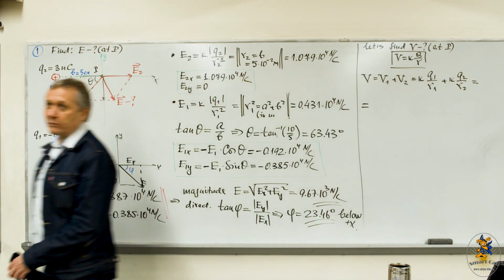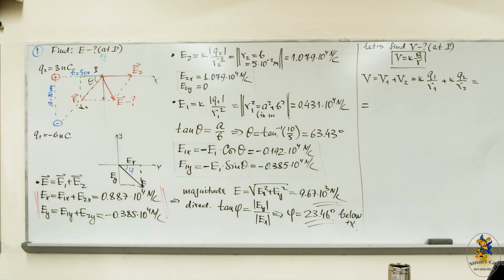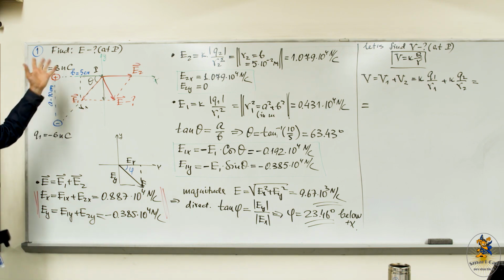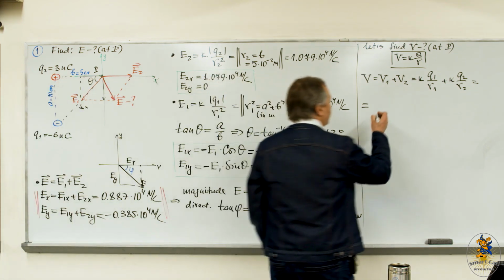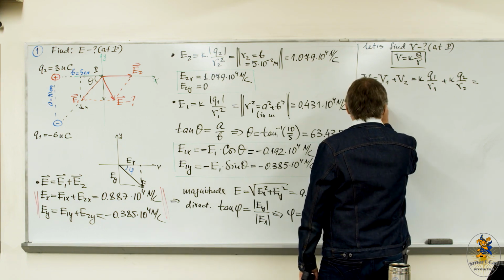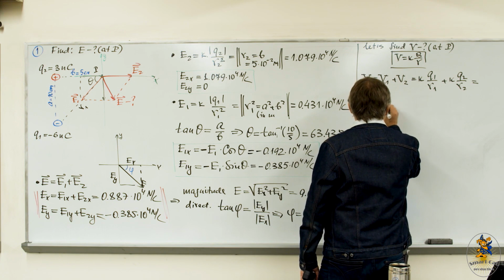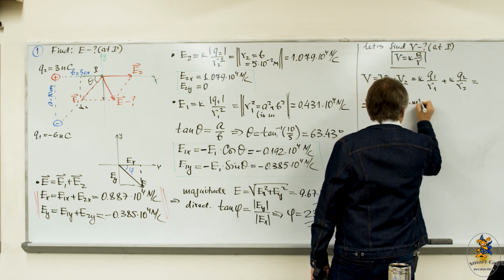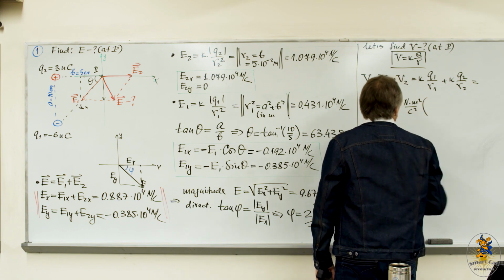I remember that one of the charges is negative. R1, it still is this. R2 is still that B. So I can factor out K. 8.99 times 10 to the power of 9 newton meter squared over coulomb squared.